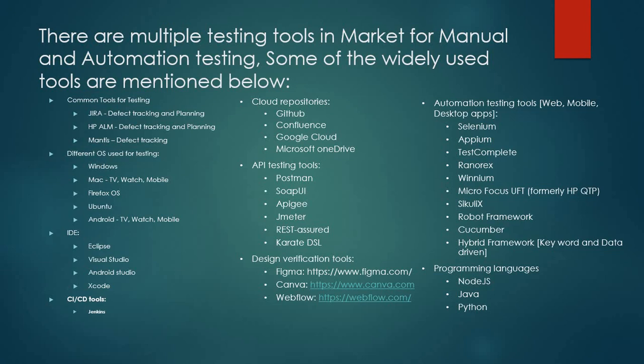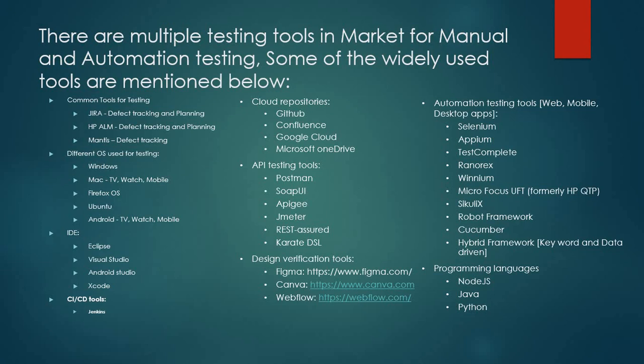Any of these tools can be used to test the API: Postman, SOAP UI, Apigee, JMeter, REST Assured, Karate. These are some basic tools. For example, if you consider Postman, you can verify request and response. You can call the inbuilt methods of Postman and use them to validate the request and also to validate the response. The same thing can be done with any of the tools here.